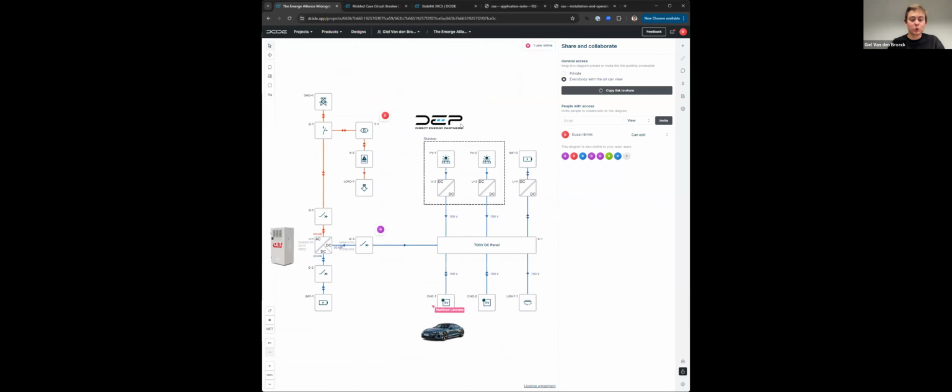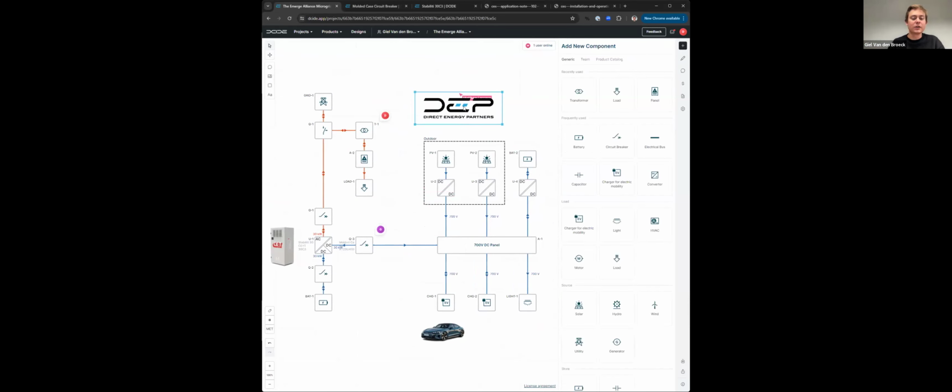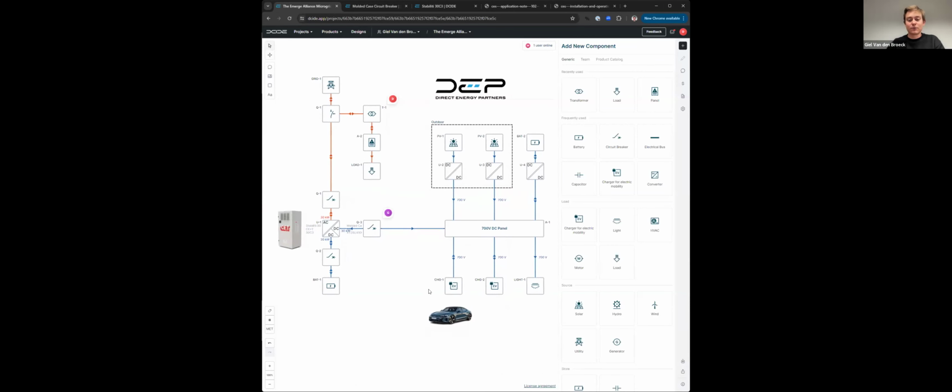So less components, it will be overall smaller. It will be more efficient because you will have less components where current is flowing through. It will be more reliable because you have less components in the path that may fail. That's an argument, for instance, to use these types of architectures in data centers.